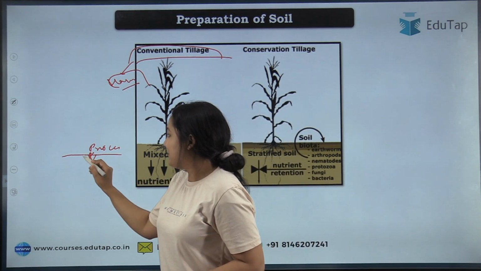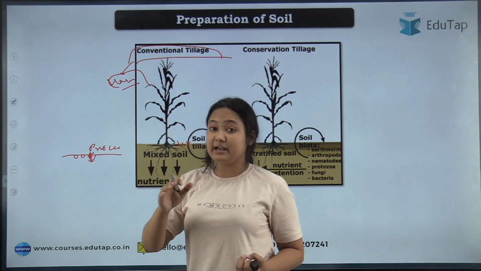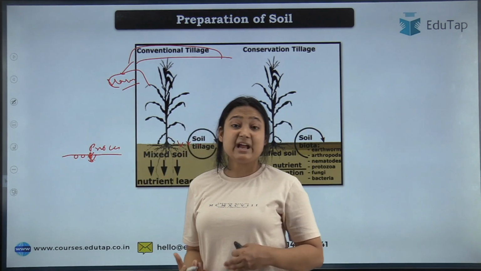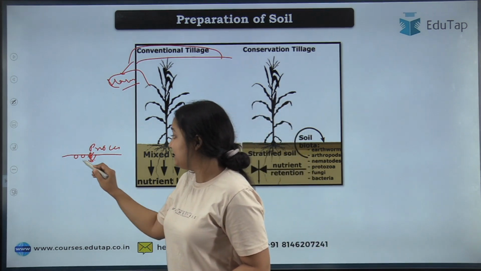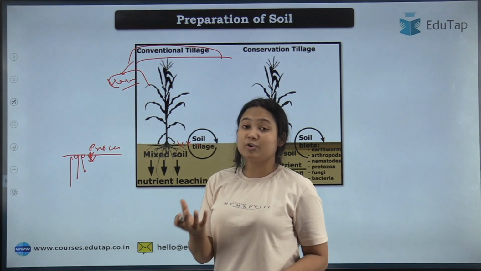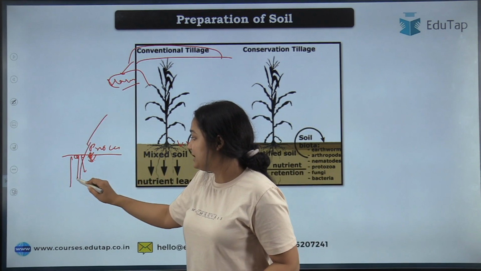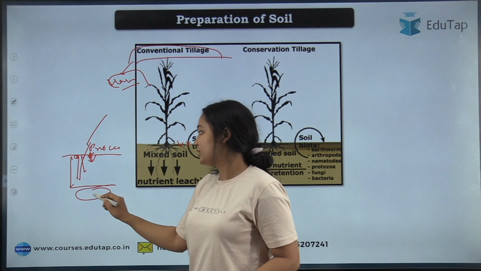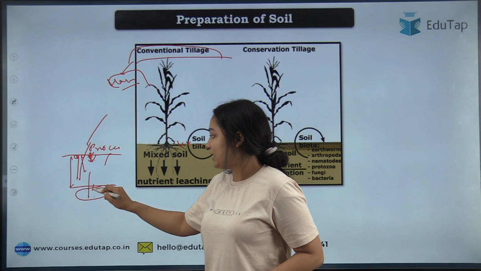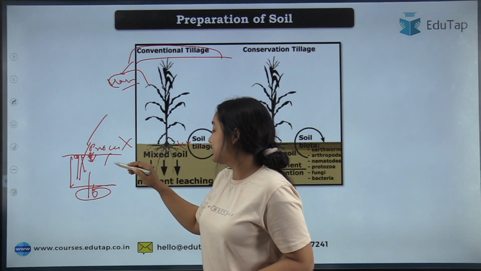Then, if your soil is weak and suppose you are not adding any manure, or manure content is too low, or your crop is very exhaustive, the nutrients get poured out because your soil can't hold on to the nutrients. If the rain comes, these all get leached out, and your plant can't use the nutrients because the plant root can't go very deep, so it is a waste again.